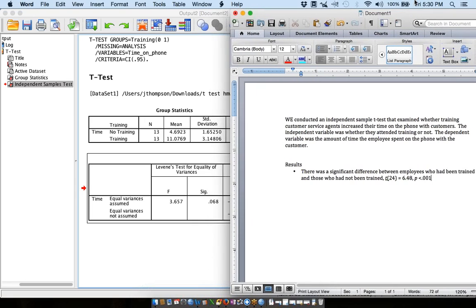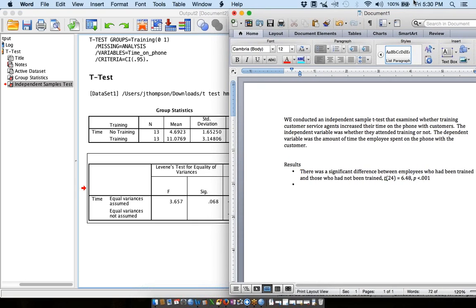Now I'm going to move this over because I need to see my mean and my standard deviation. So now I need to say, well, what does this significant difference mean? Which direction was it in? And so I'm going to say employees who received training had significantly higher times on the phone with a customer.